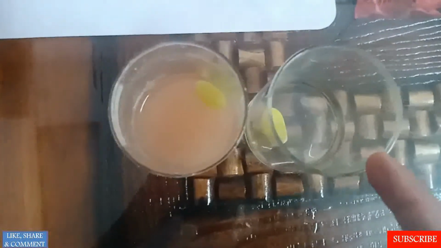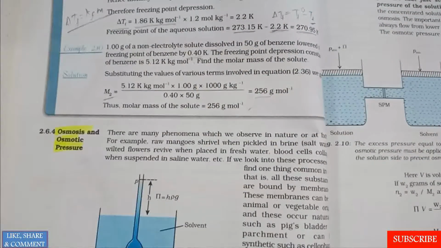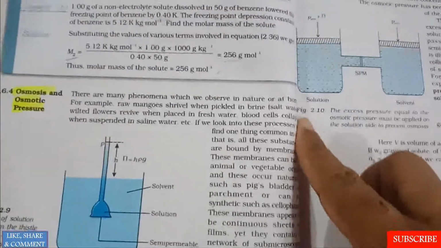This movement of the water will continue till the concentration on both sides, inside the grape and outside the grape, becomes the same. Okay, so this is the example of exosmosis and this is the example of endosmosis. Okay, clear? So I think most of you have understood the concept of osmosis and osmotic pressure. So let's begin. What is osmosis?